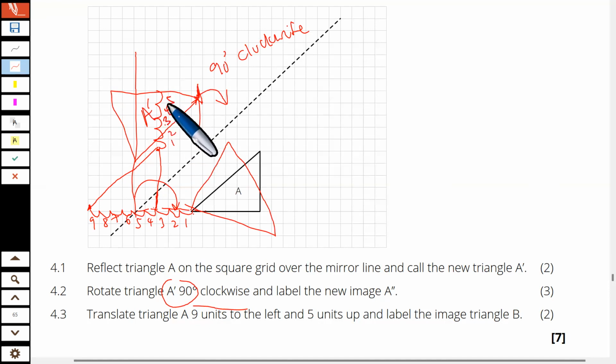So placing this vertex there, you have something like that. So now you would call this image B, like that. And label the image B for 2 marks. So you'll have something of that sort.